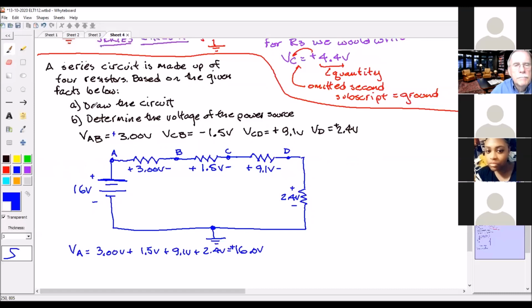Yeah, but imagine that all of this is inside a box, and I had a terminal labeled A, and another terminal labeled ground. If I asked you what's the voltage from here to here, outside the box you've got no way of figuring it. You'd have to go inside the box to add all of these up, right? Okay. Make sense? Yes, sir.